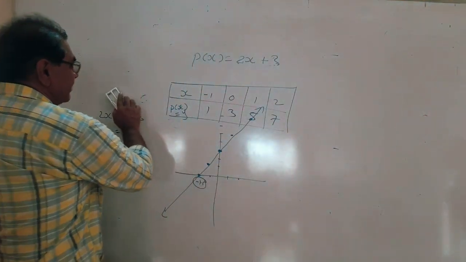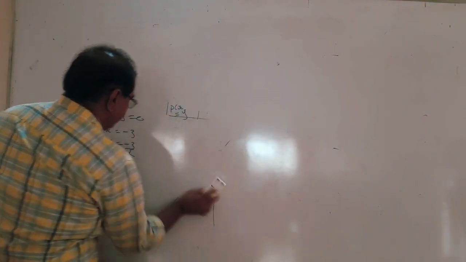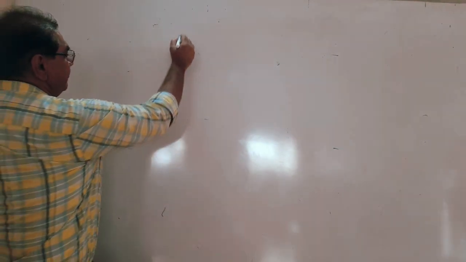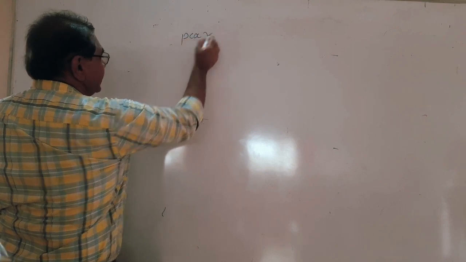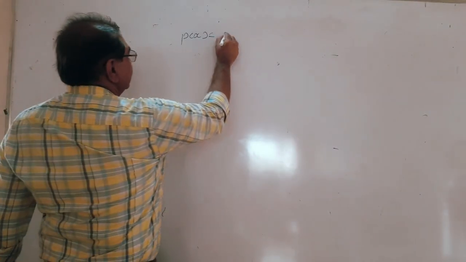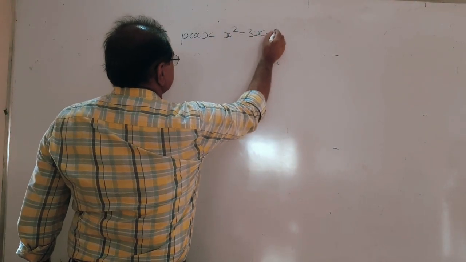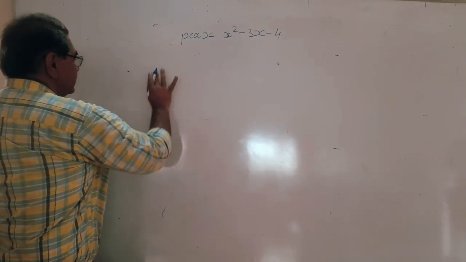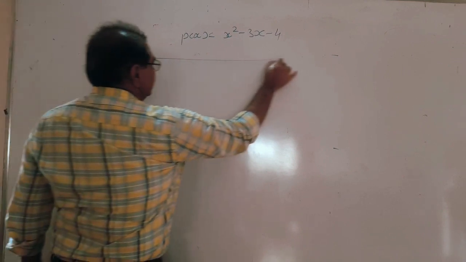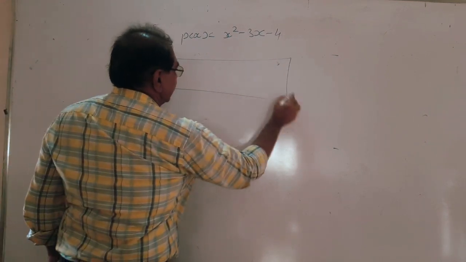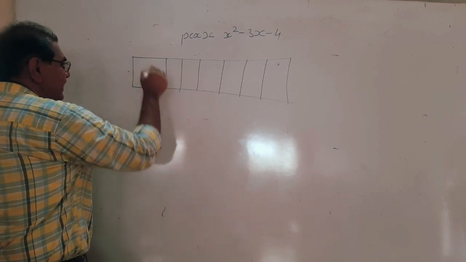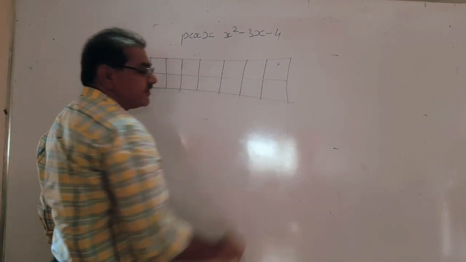Now I take one more example, and let us see. It will be p of x is equal to x square minus 3x minus 4. For this also I will take a few solutions, and we will try to find the zeros of this polynomial, and check whether it gives a line or some different type of graph.